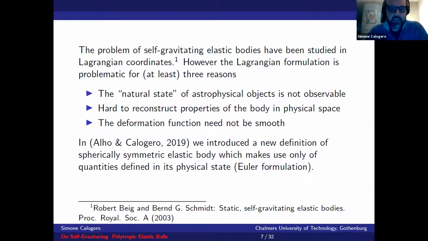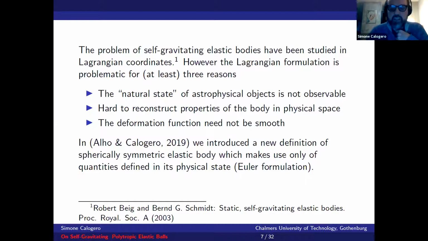So in a recent paper, Artur, Alio, and myself have introduced a formulation of elasticity theory, which for the moment is only for spherically symmetric bodies. I'm going to present this formulation in 3 definitions.